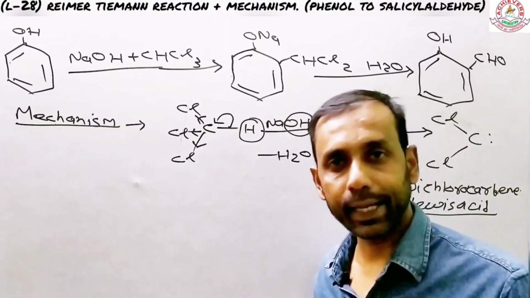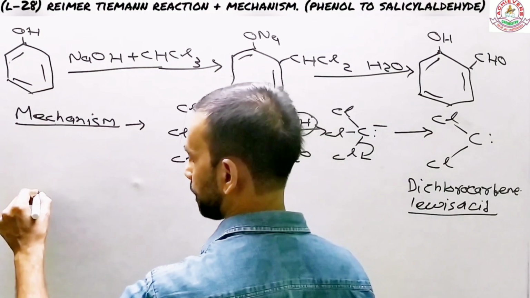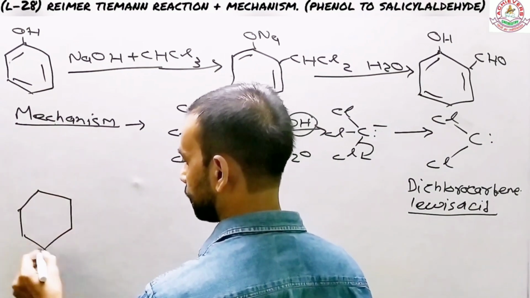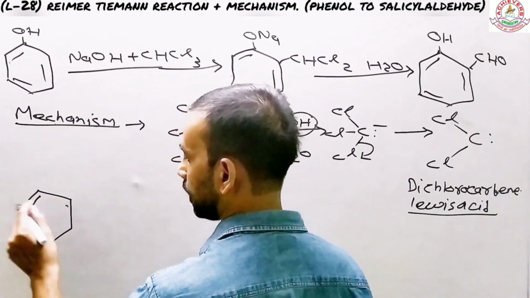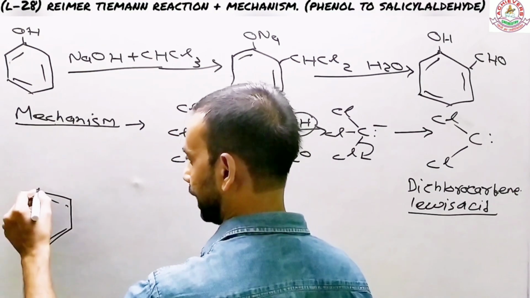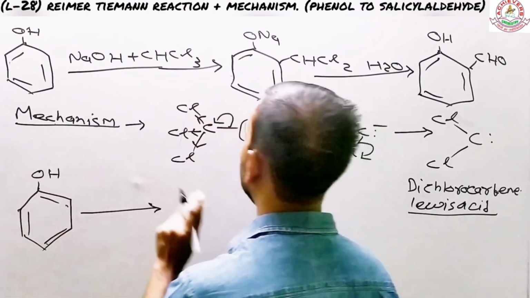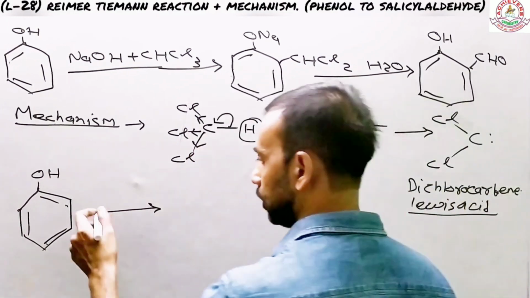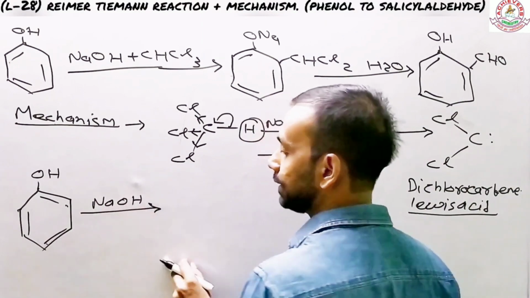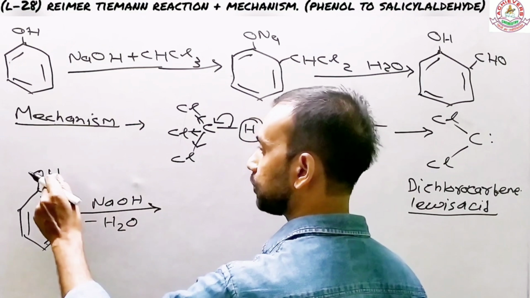Now we can start the reaction and see how this molecule initiates it. So let's take the phenol here. This is your phenol, a phenol molecule like this, and then the second NaOH molecule comes into the picture. This again results in the formation of a water molecule by taking up the proton from here.